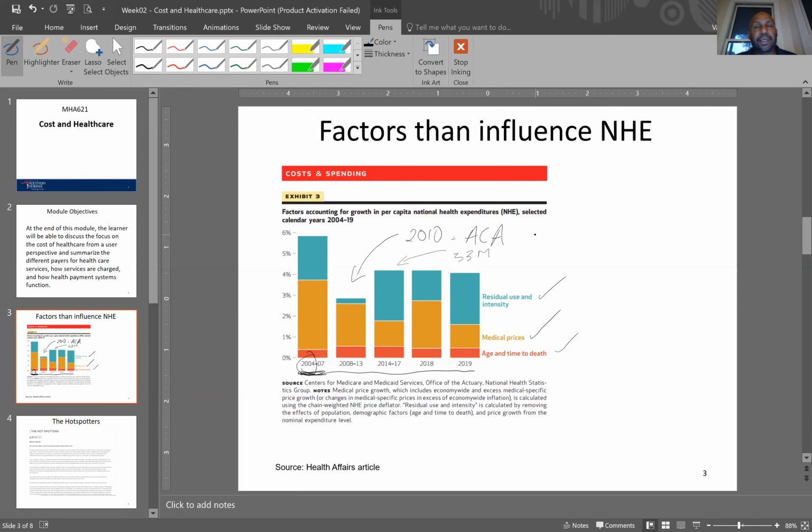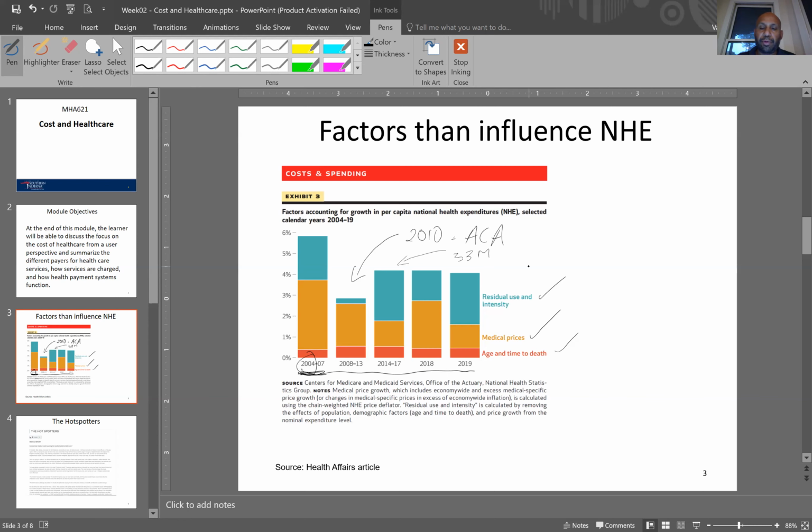Access to care meaning access to insurance. Typically, if you have the ability to pay through insurance, you have access, you will use more care, or at least have the ability to use more care. And that's been somewhat consistent, certainly from 2014 on.